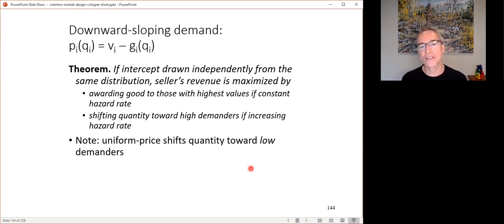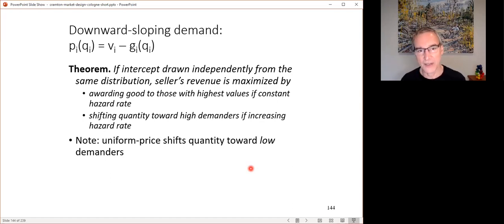It shifts quantity towards low demanders. Remember the example, the large bidder makes room for the smaller rival. So the smaller rival is winning too much in a uniform price auction. So that's a strong suggestion that the uniform price auction probably isn't maximizing revenues. But as I said, that's not such a terrible thing, because at the very least, that exercise of market power is pro-competitive. It's encouraging entry in the current auction and future auctions.